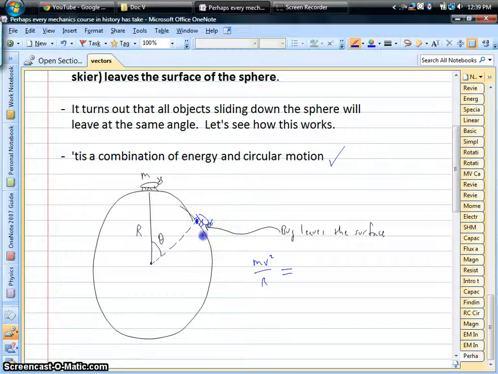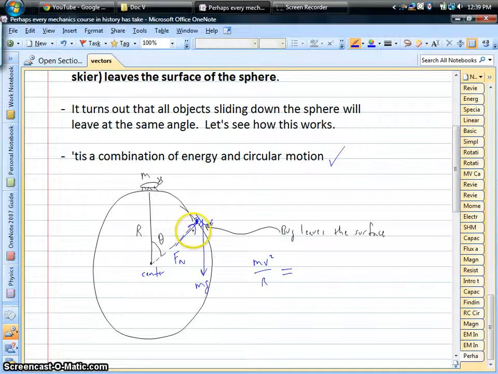Well, obviously there's going to be gravity. And because there's no friction, we don't have any tangential forces, but we do have a normal force. Now centripetal force is anything that points along the line of the radius, going to the center of the circle. The center of the circle is the center of the ball, and the only inward force we have is that inward push that gravity gives you.